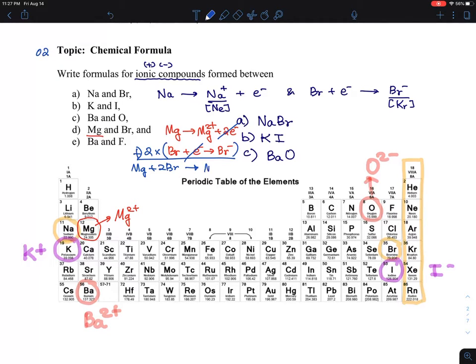That will be MgBr2, the compound that you're going to form. So the notation for the ionic compound that we use is magnesium bromide. It takes two bromine minus ions to neutralize Mg2 plus, so that's why you write it this way.